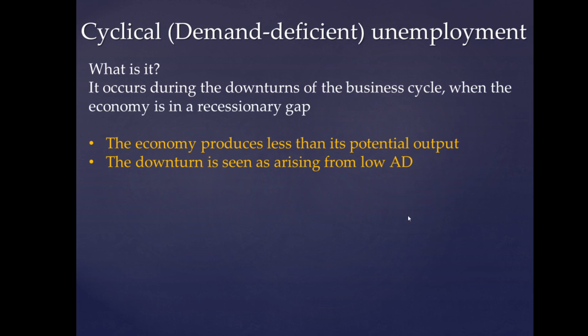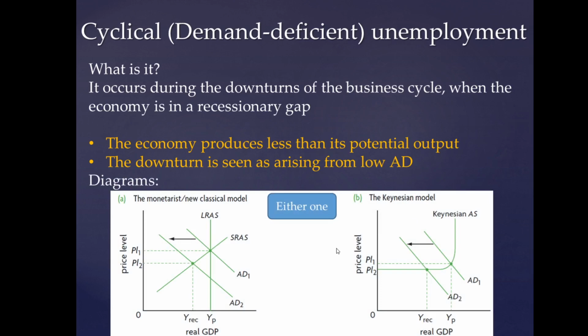There's no AD. At the end, just pick one that you feel more comfortable with. You can use the one on the left or the one on the right. It doesn't really matter, you will get the points.